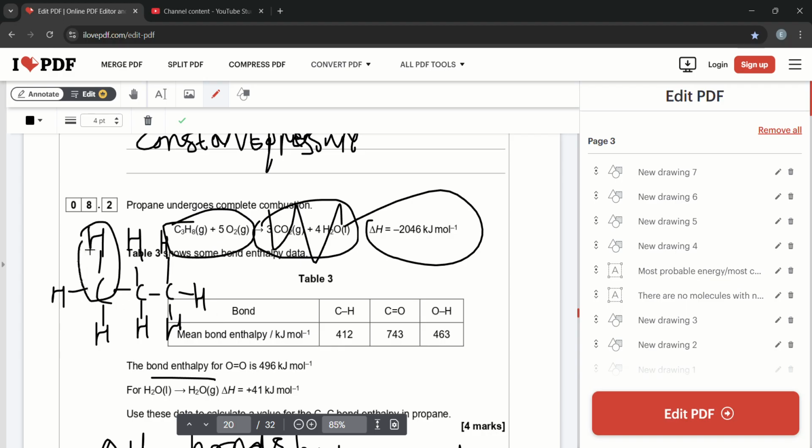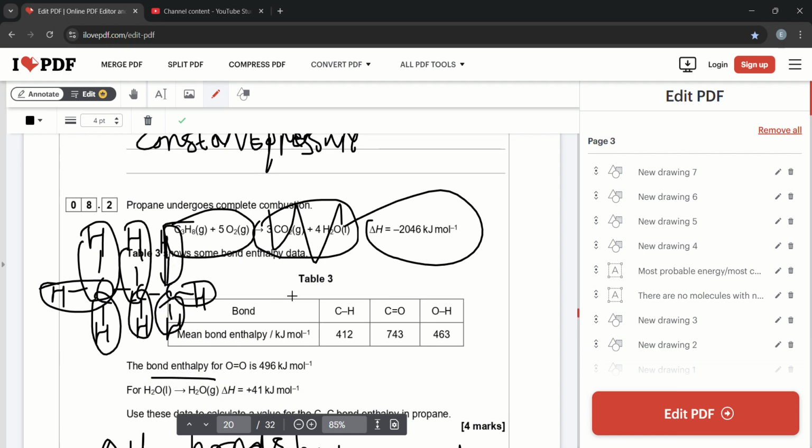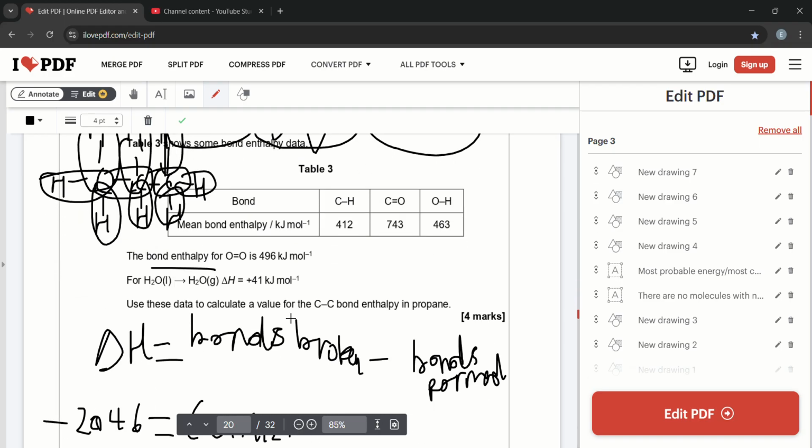So we've got 1, 2, 3, 4, 5, 6, 7, 8 CH bonds. So it's going to be 8 times 412, plus you've got two carbon-carbon bonds, but that's what we're trying to find.